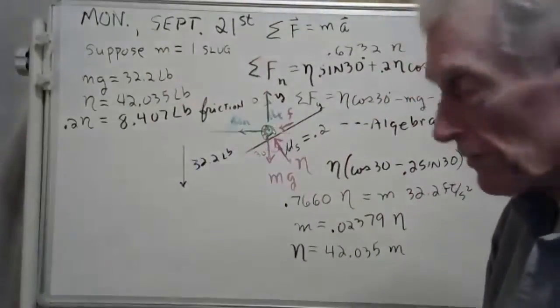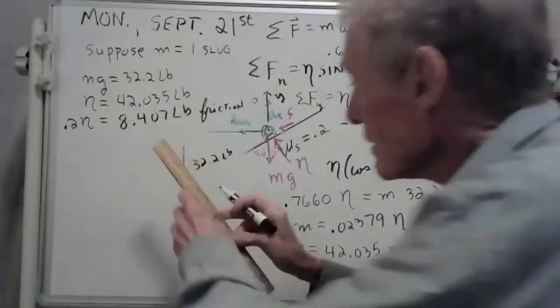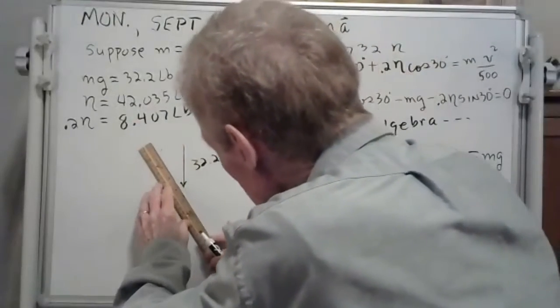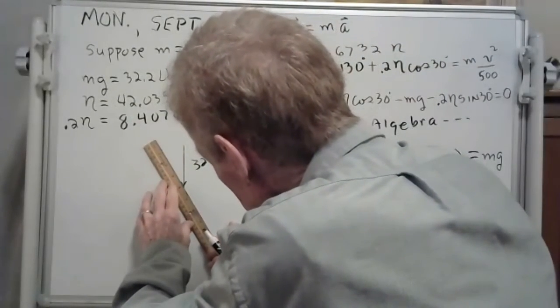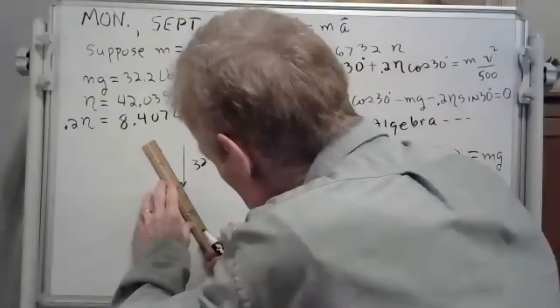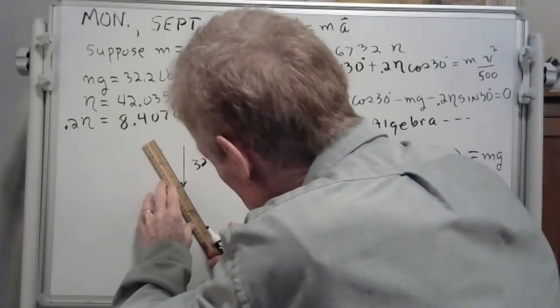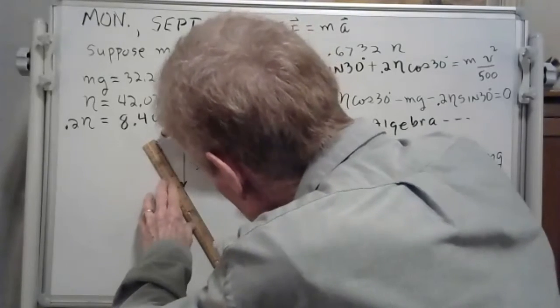Now, how long is that one? Well, it's 42 pounds. Okay, that'd be 4.2 inches. That'll put me right about, not like that maybe. Okay, let me draw that now.